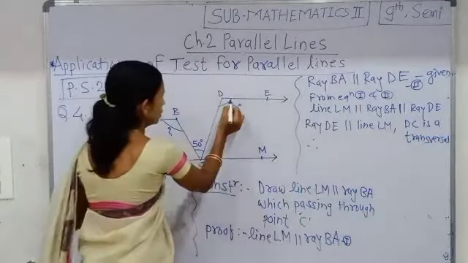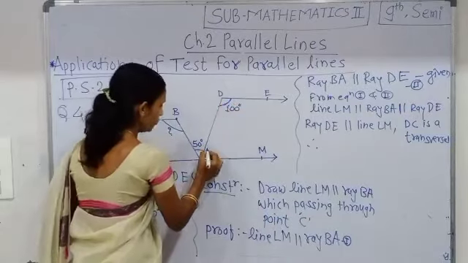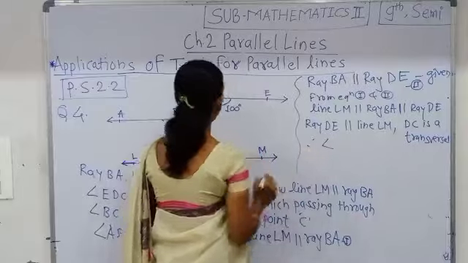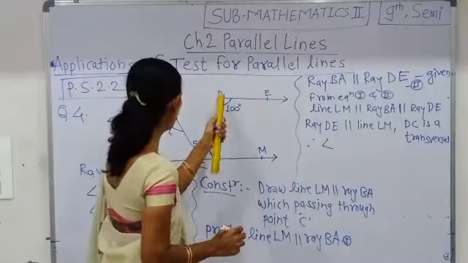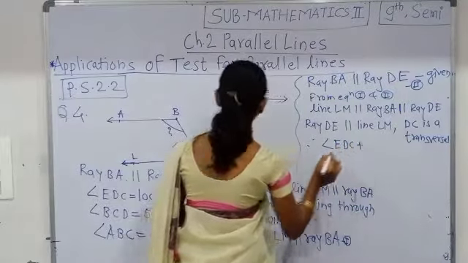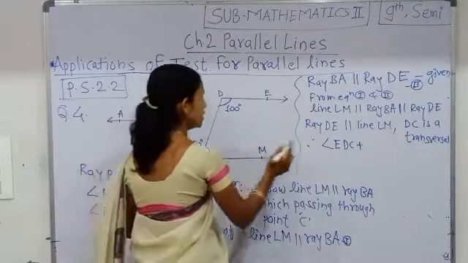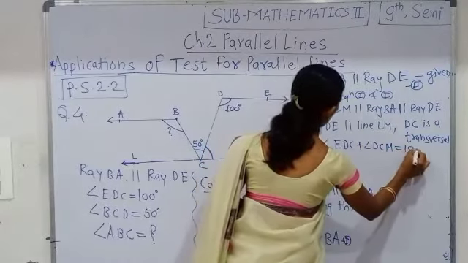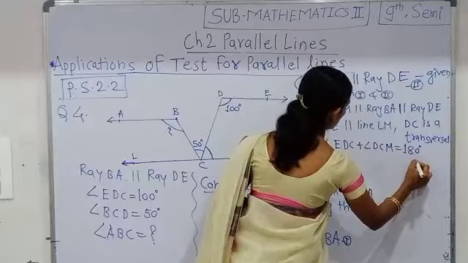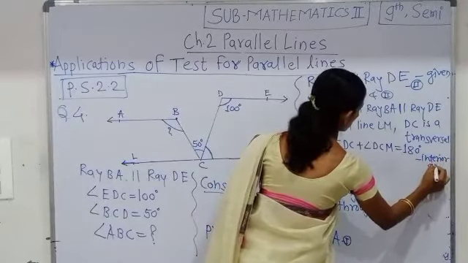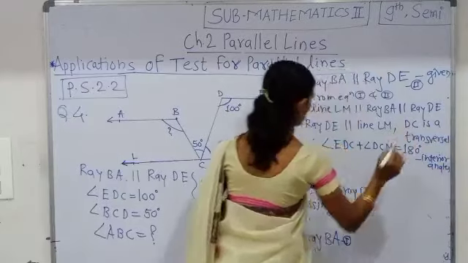Therefore, here angle EDC plus angle DCM is equal to 180 degrees, because those are interior angles.